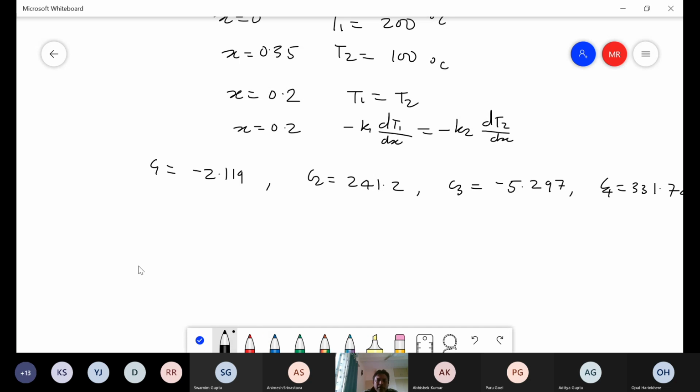So part A is nothing but the temperature distribution. So temperature distribution is given as, so I am writing down the final equation. Just check whether you all are getting the same expression or not.